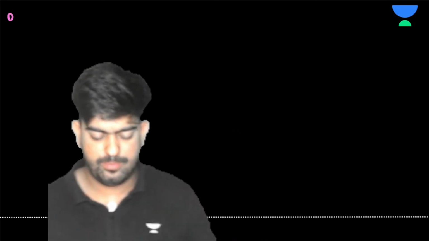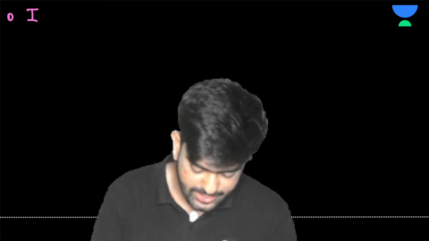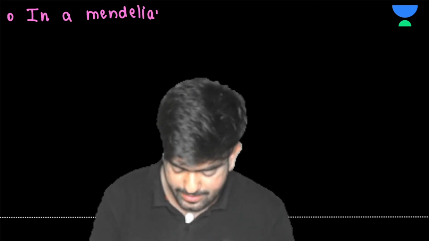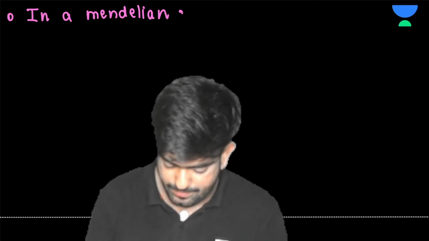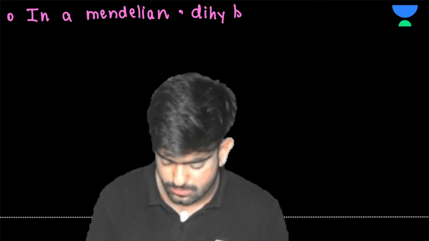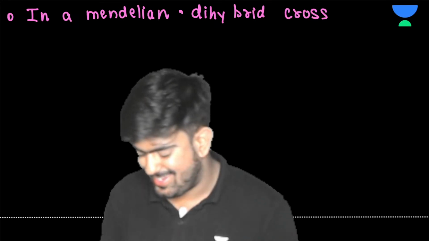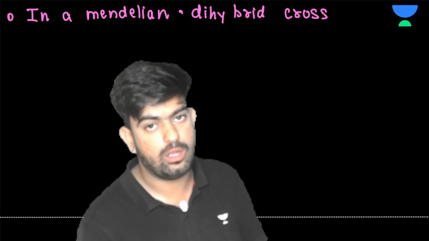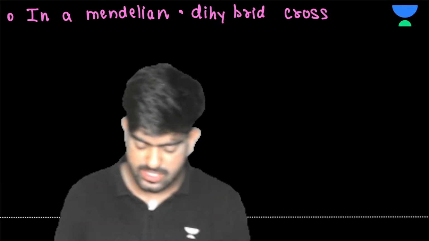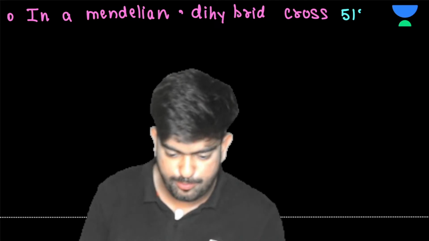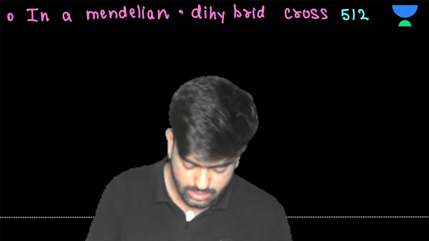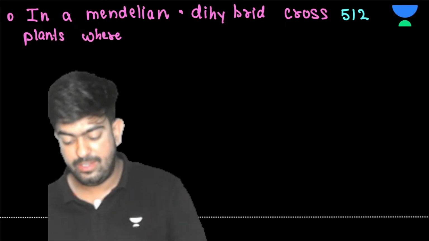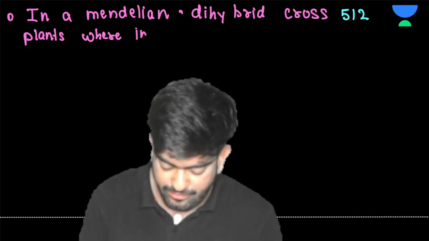Okay, I'll give you the question from dihybrid cross. The question says: in a Mendelian dihybrid cross, let's take 512 plants. 512 plants were obtained in the F2 generation.